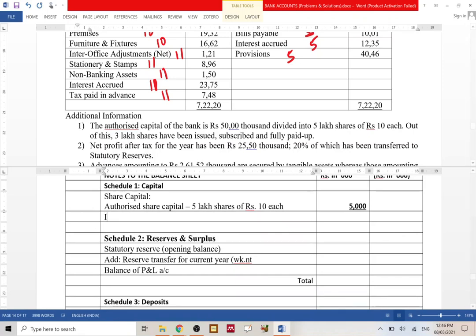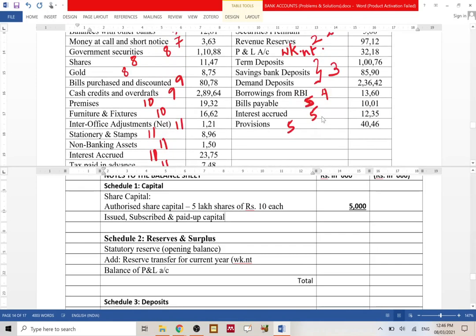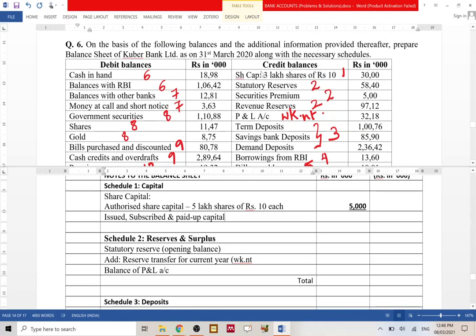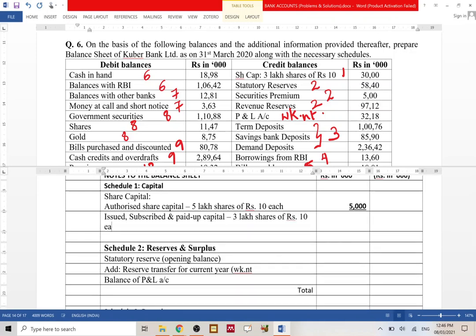At the same time, we have the issued, subscribed, and what we call the paid up capital. That means out of this authorized capital, which is the capital that the company is authorized to issue throughout its lifetime, maximum 5,000, the company has issued some capital, that is 3 lakh shares of rupees 10 each.